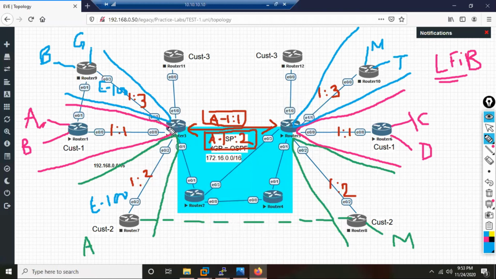So BGP, once the routes enter the VRF, they get the sticker of what? RD. And when those routes with the sticker of RD get redistributed into BGP, they become VPN v4 routes. So for a BGP VPN v4 route, BGP says, okay, now I will also generate a unique label.